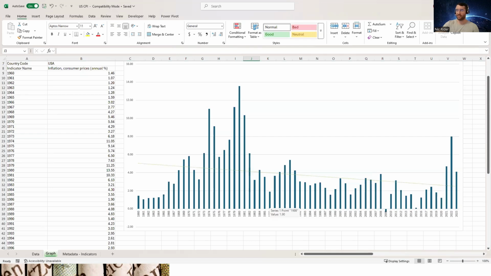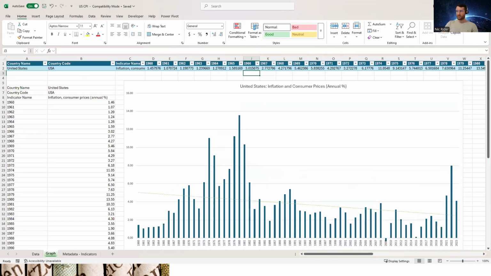From 1971, inflation's pretty low. 1972, still pretty low, and then from there we start to see some of the biggest increases in the period between 1973 and 1981.